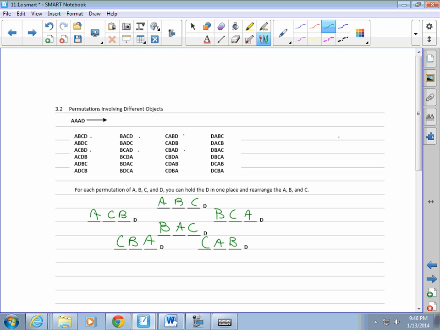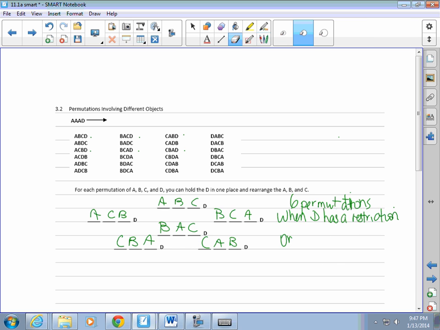So I have 6 permutations only this time, 6 permutations when D has a restriction. Or, not 6 factorial, if I think of that, I have 3 factorial ways of arranging that.